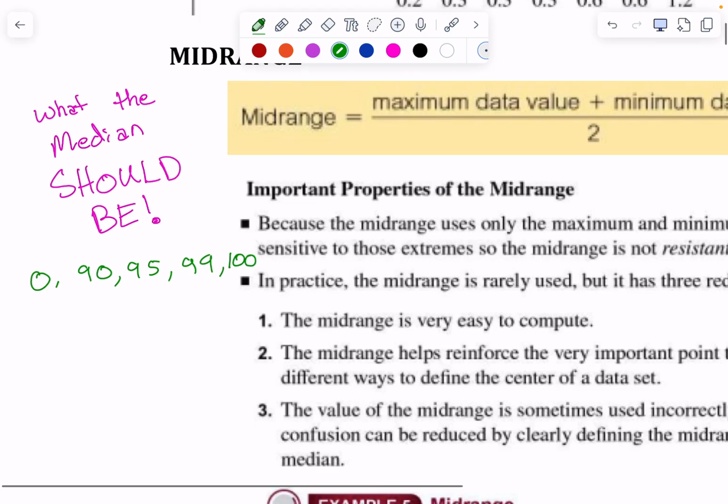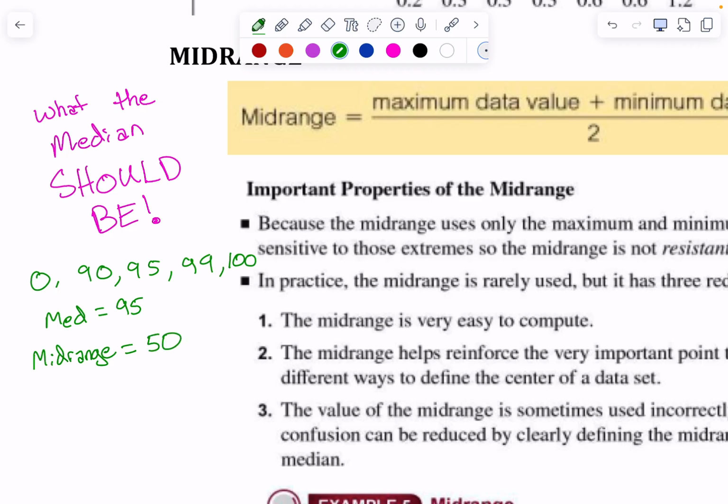The regular old median of this data set is 95. If I'm looking at the high and the low number, what should the middle be? The middle of the range, right? The median should be 50 because my low is 0 and my high is 100.